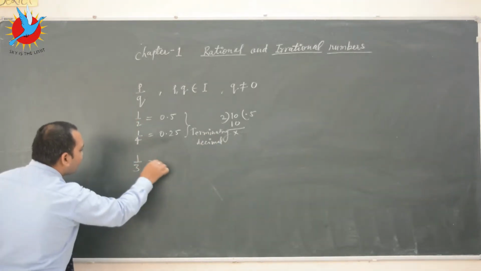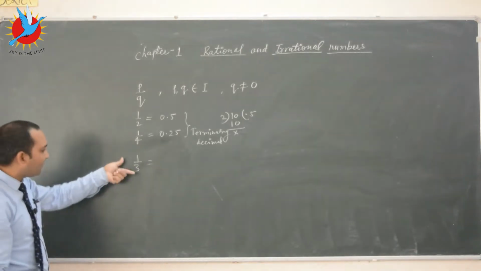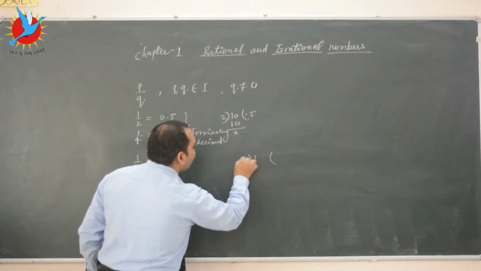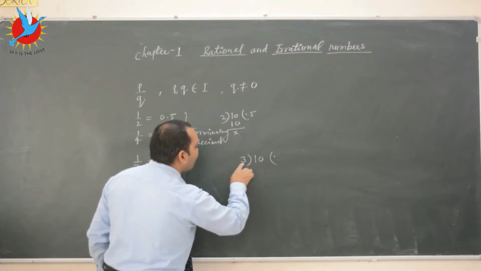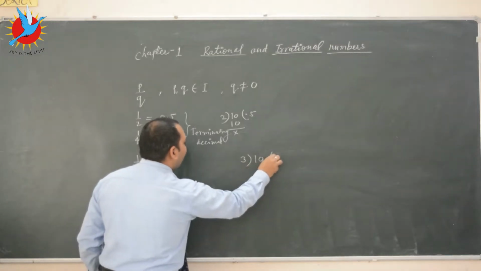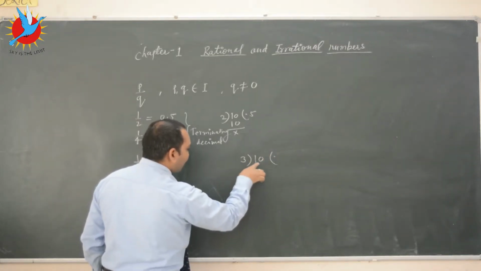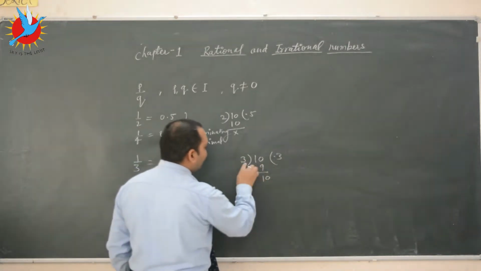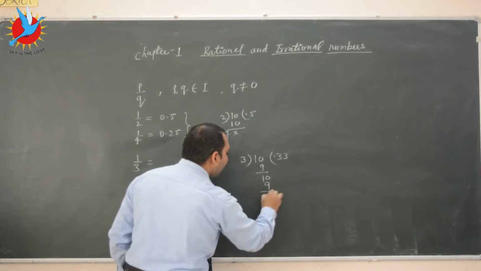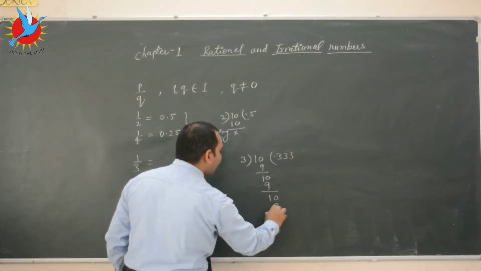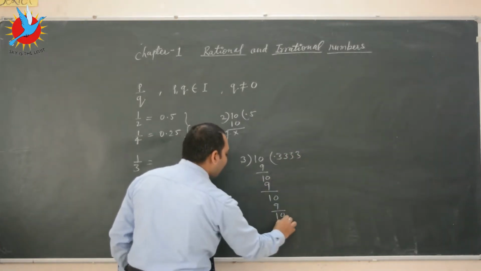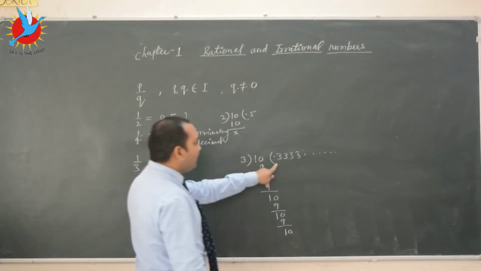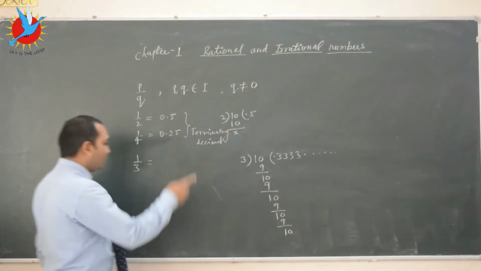Another example, 1/3, is also a rational number because it is in the form of p upon q. If we divide 1 by 3, the result is 0 point, and 3 threes are 9, remainder 1, 10, 3 threes are 9, and so on. So it is 0.333 and so on.